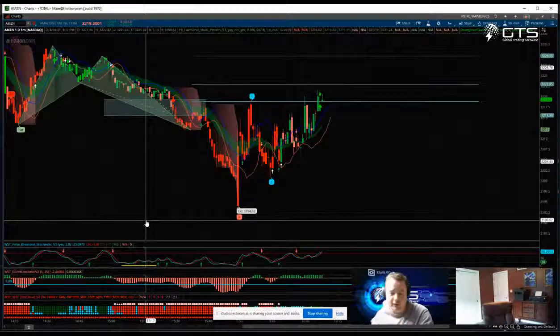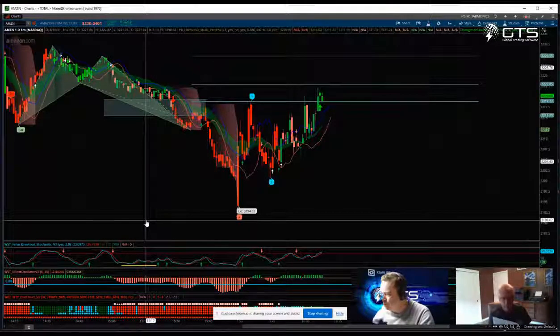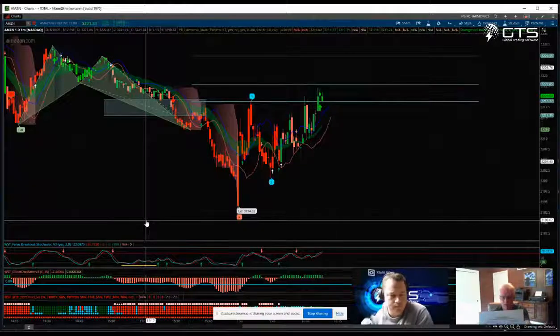Look, if it was that easy, everybody would be doing it. But here's my little flow chart for credit spreads and stuff. I'd have to put this up on the screen for people to see better.